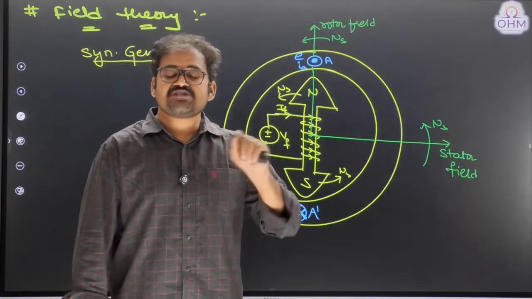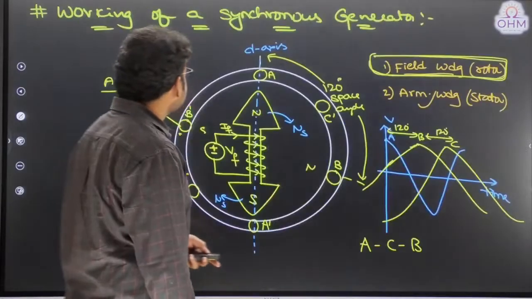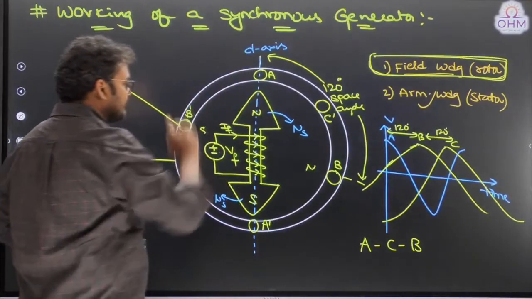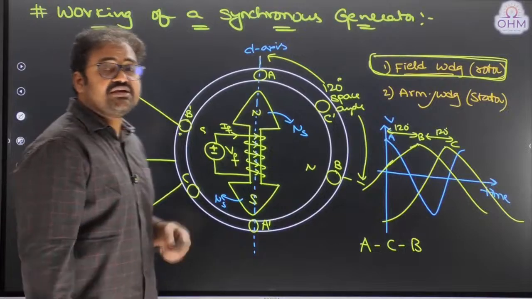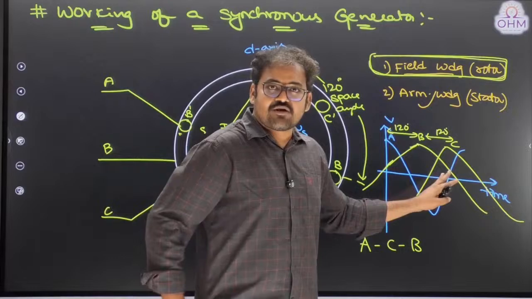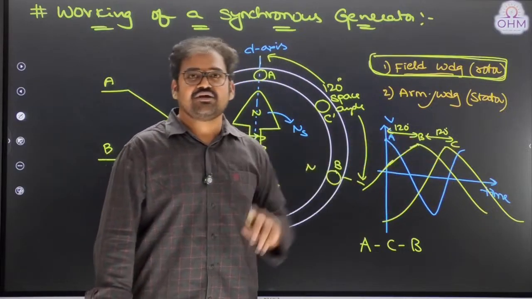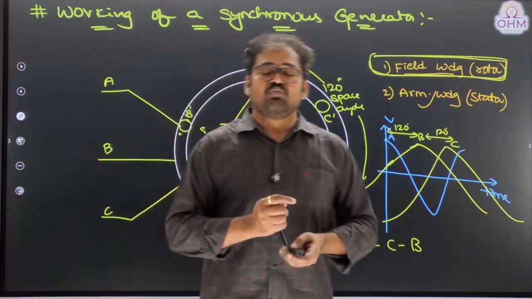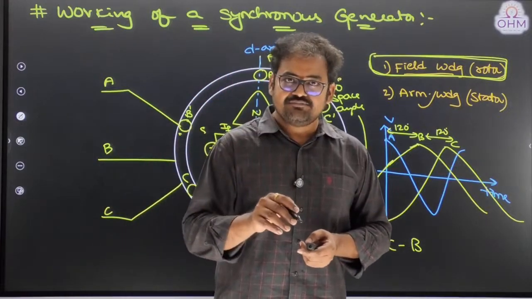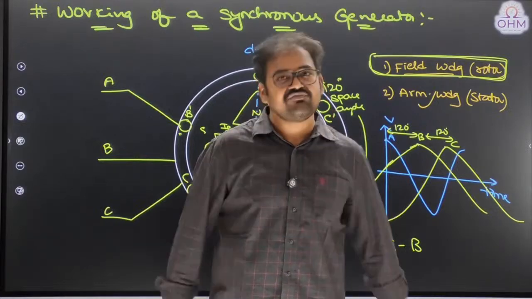We know stator winding is a concentrated winding or distributed winding. It is a three-phase distributed winding. Also, it is carrying AC current or DC current? AC current. Why? Because the induced voltages are alternating voltages. Therefore, the current is also going to be alternating current. And remember, whenever distributed winding carries AC current, it will create rotating magnetic field.